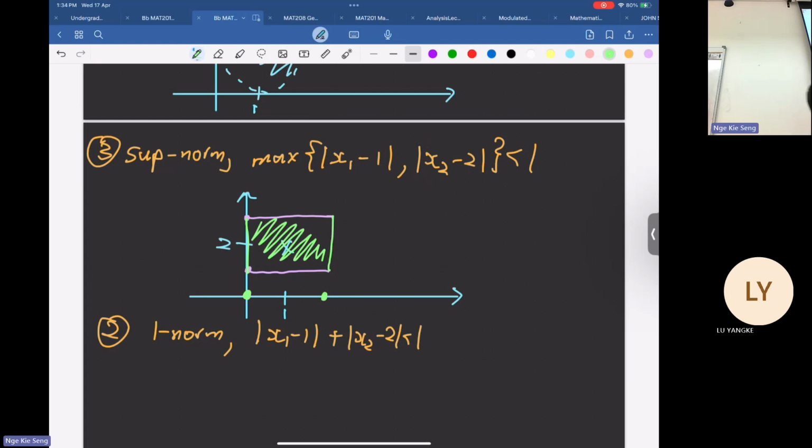If you are a bit away from this boundary, you are closer to the center, so you cannot achieve 1, you achieve something less than 1. Yeah, because the maximum can be achieved by either one of them.